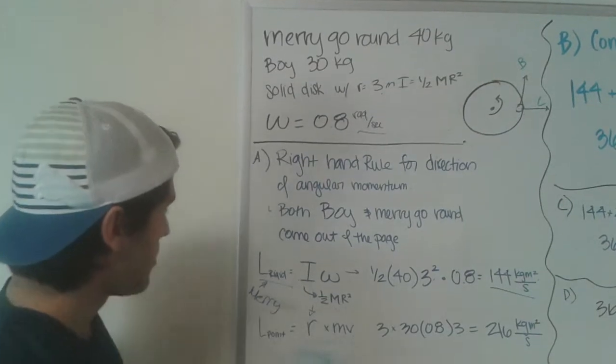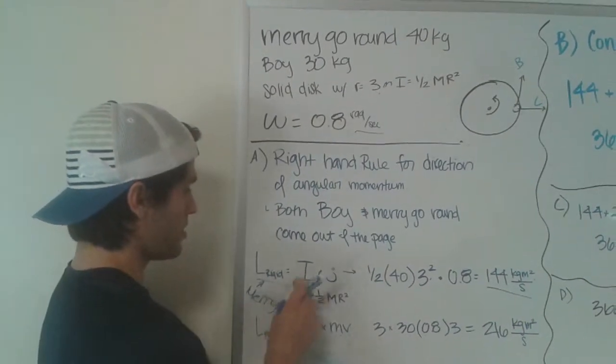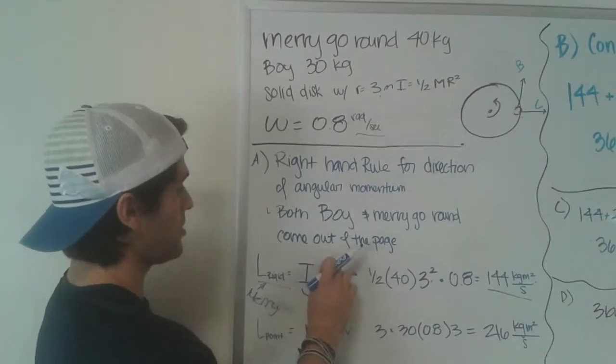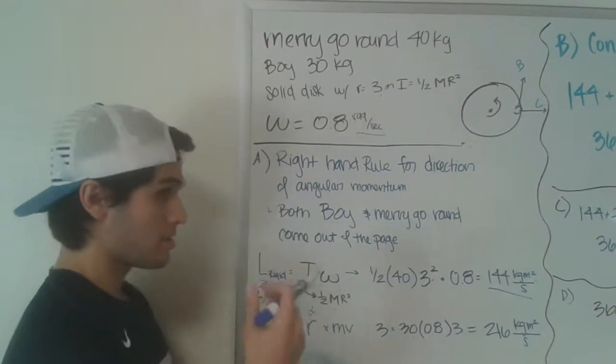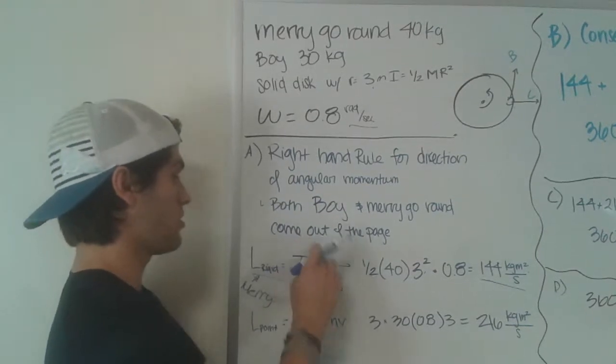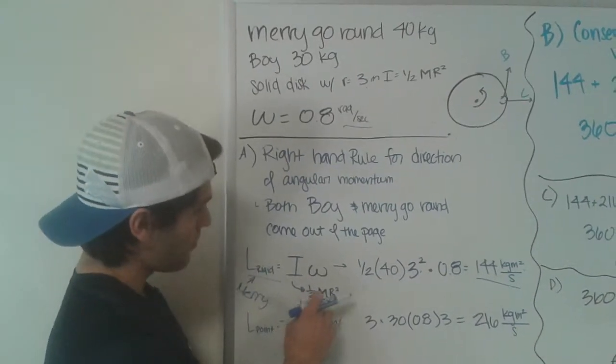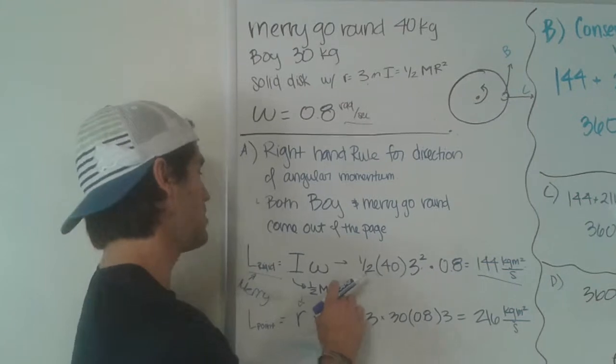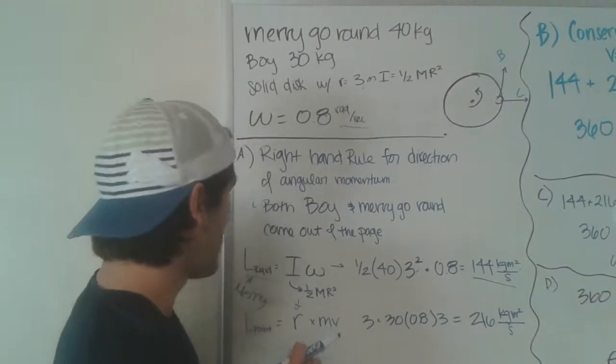The formula is basically moment of inertia times angular velocity. Since it's a solid disk, we know the moment of inertia is 1/2 times mass times radius squared.